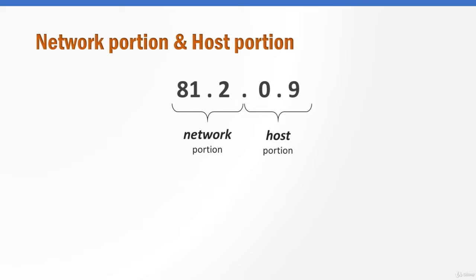Now in this example, we have 2 octets that belong in the network portion and 2 octets that belong in the host portion. But it doesn't have to be like that. We can have 10 bits in the network portion and then the other 22 bits in the host portion. But we wouldn't be able to draw this like this.